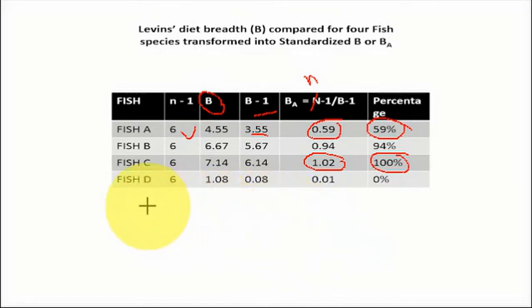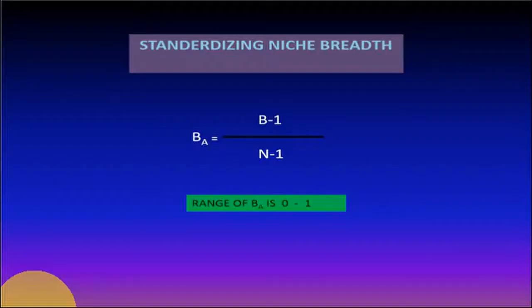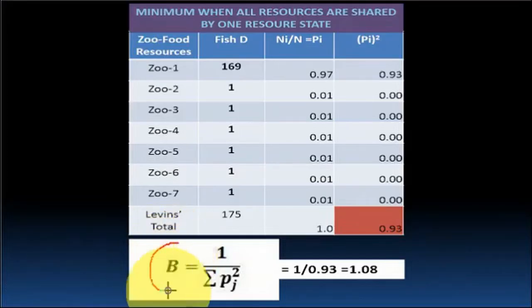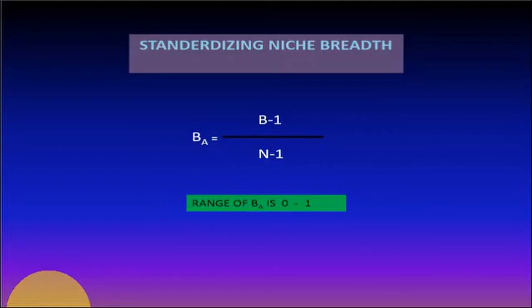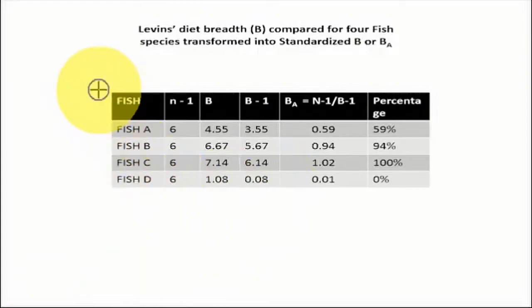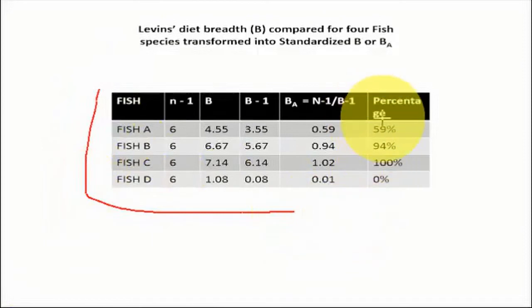And when you go down to fish D, which has a very uneven distribution, only zooplankton 1 is dominant, there you can see 0.01, which is almost equal to 0%. So this way the Levin's niche breadth is calculated. In the first case, we need to calculate the B, then we have to standardize it using this formula BA, like I have shown in the table, and finally we can express it in terms of percentage.